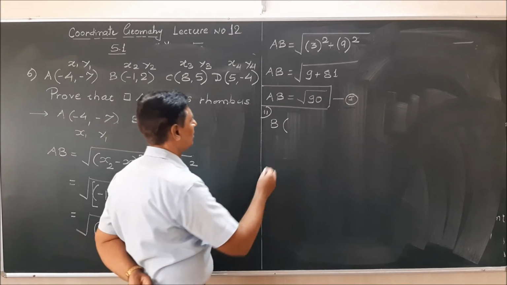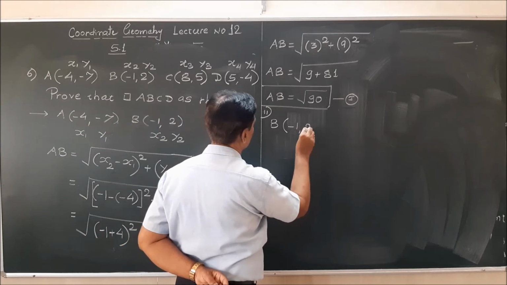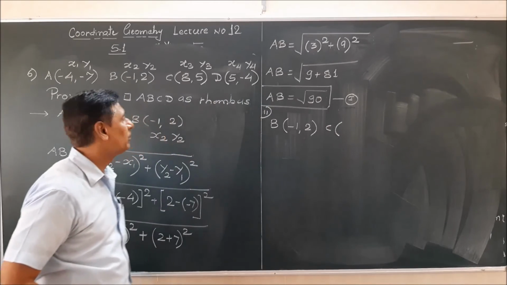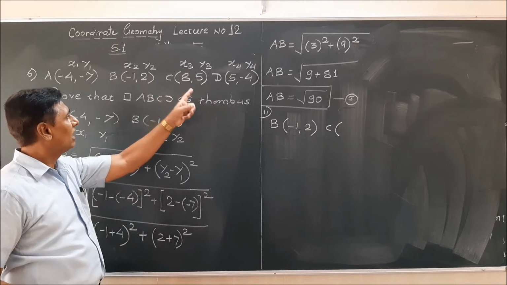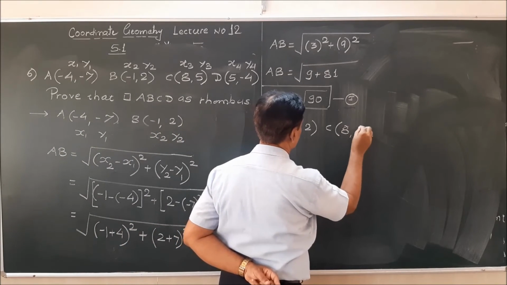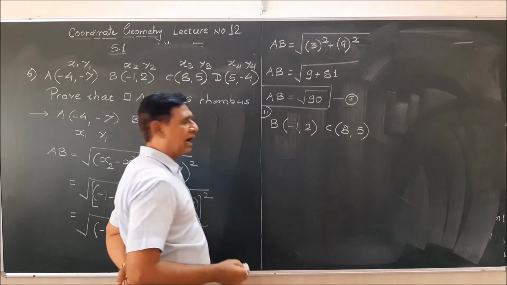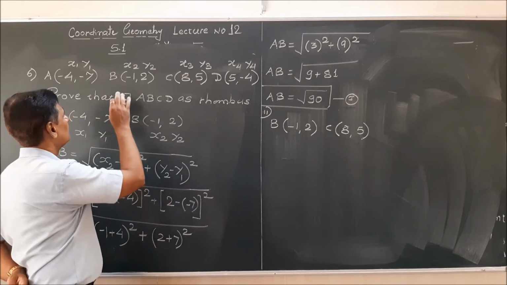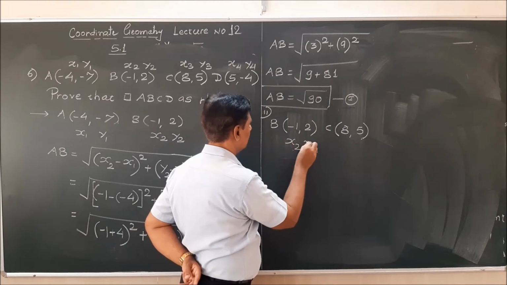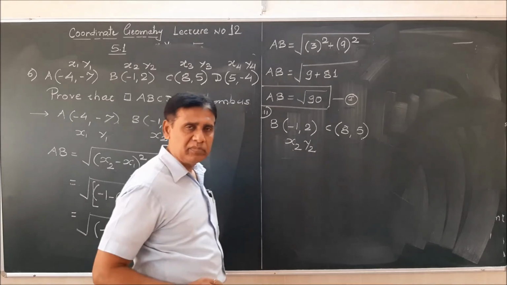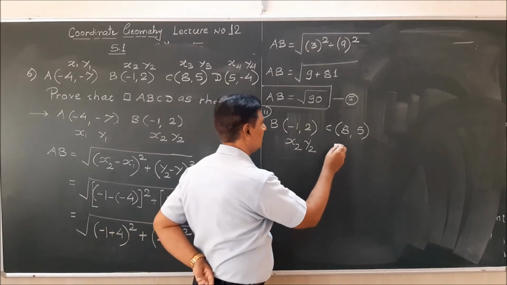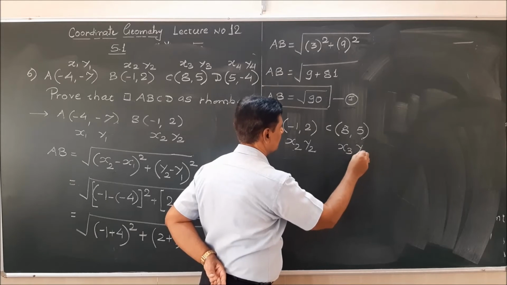The coordinates of C are 8, 5. I have labeled B as x2, y2, so right here x2, y2. I have labeled C as x3, y3, so right here x3, y3.